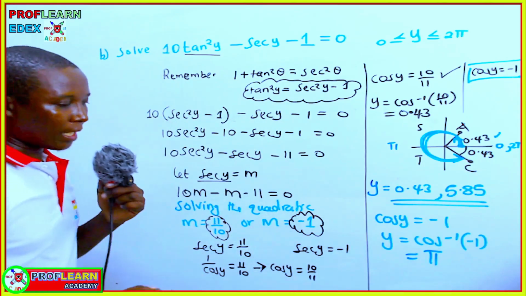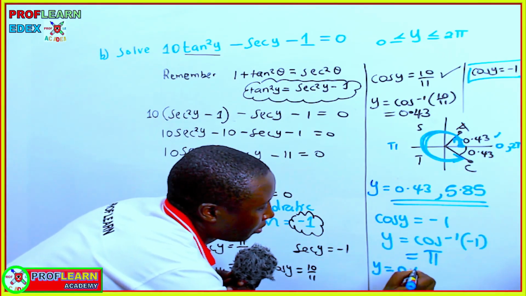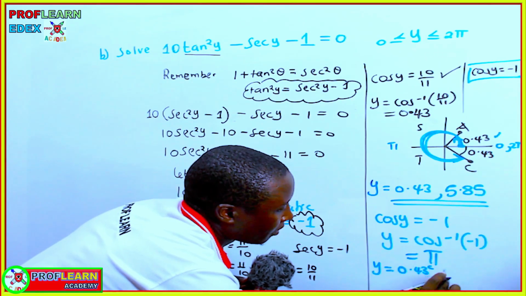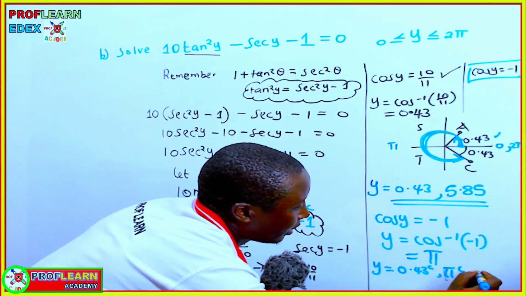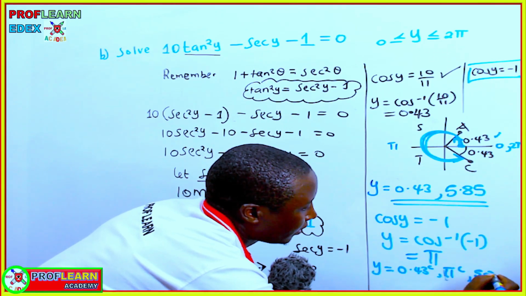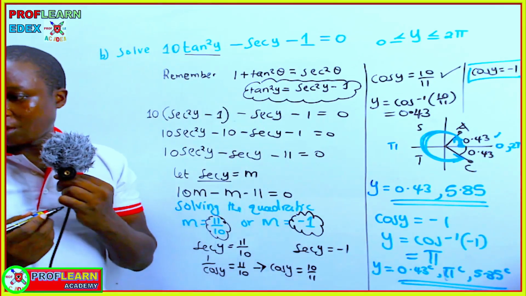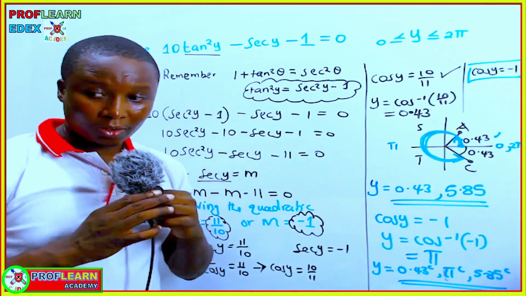So the values of y in this case are 0.43 radians, then pi radians, and then finally 5.85 radians. Those are the only 3 answers you are supposed to have in this particular question.